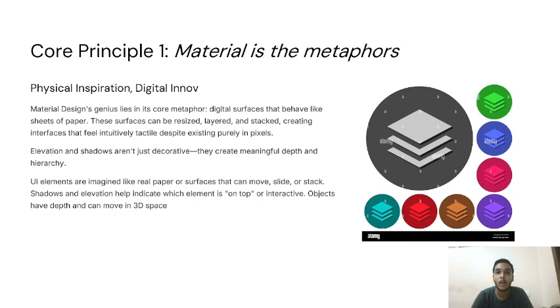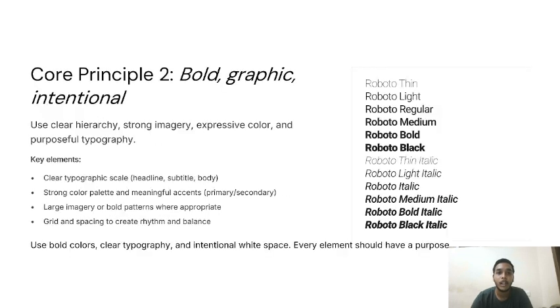Elevation and shadows are not just decorative; they create meaningful depth and hierarchy. UI elements are imagined like real paper or surfaces that can move, slide, and stack. Shadows and elevation help indicate which element is on top and which are interactive. Objects have depth and can move in 3D space. This is the first principle.